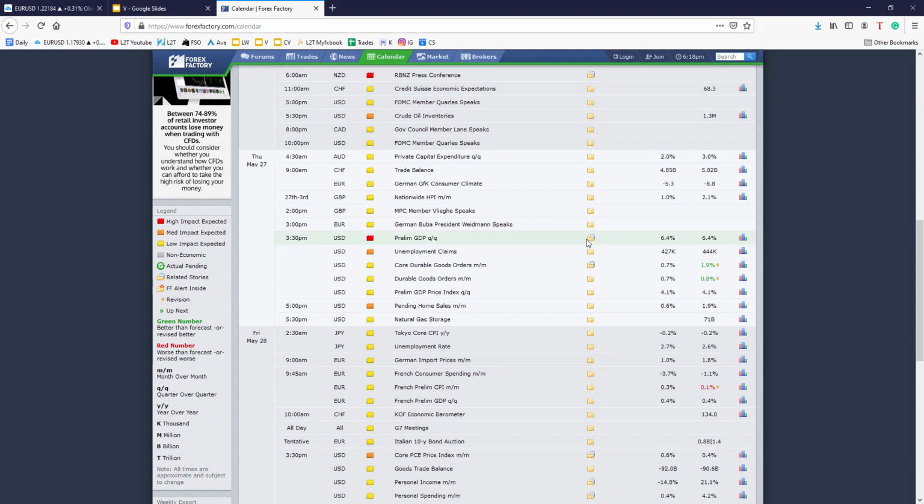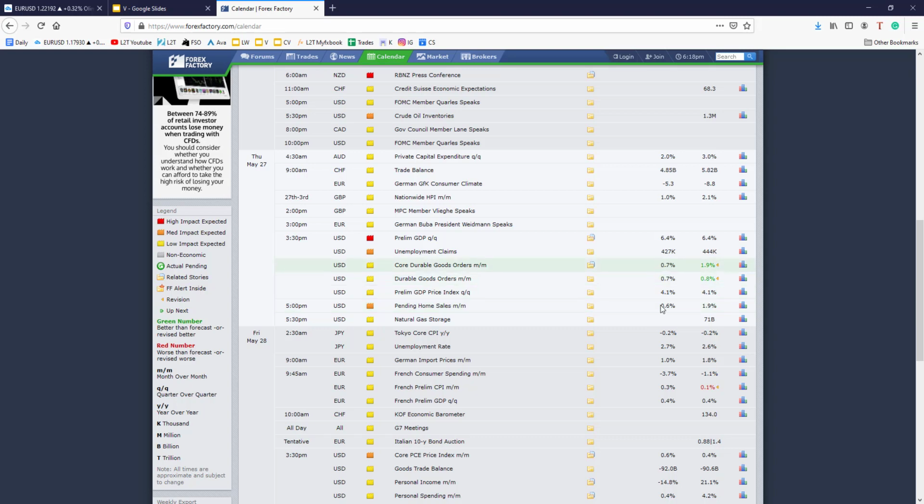Also on Thursday, the prelim gross domestic product, GDP, is expected to remain steady at 6.4%. The unemployment claims are expected to decrease further, which could be good for the US dollar. Here also core durable goods orders, durable goods orders, pending home sales.